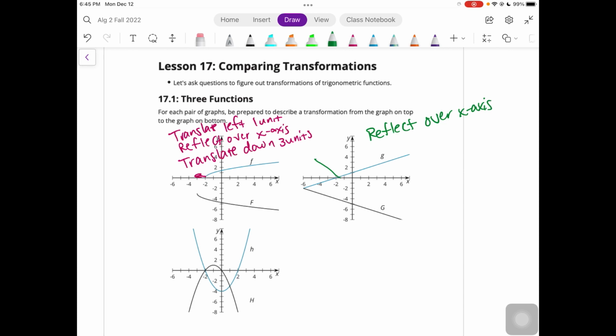Oh, that's not very good. So when you reflect over the x-axis, it's going to end up looking like that, although I can't draw straight. So then we need to shift down. So we're going to translate down. And let's see, that looks like 4 units.